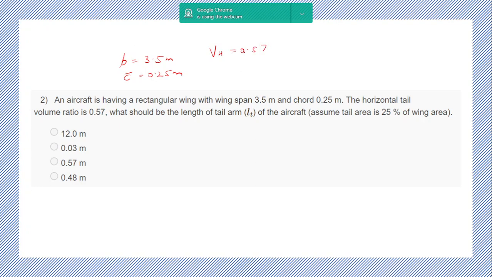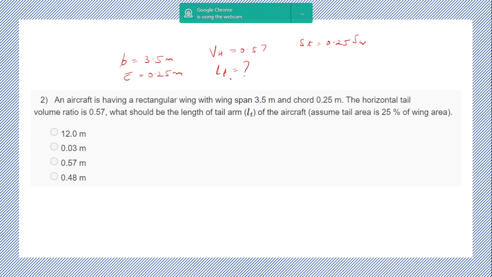What should be the length of the tail arm, LT, of the aircraft? Assume that the tail area is 25% of the wing area. So ST is 0.25 wing area. How do we proceed with this? How do we start the calculation?